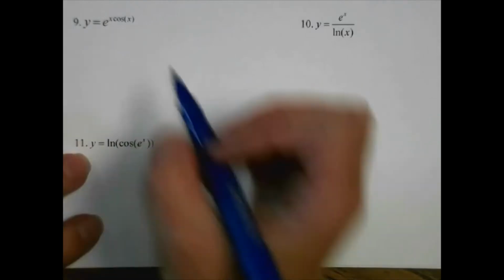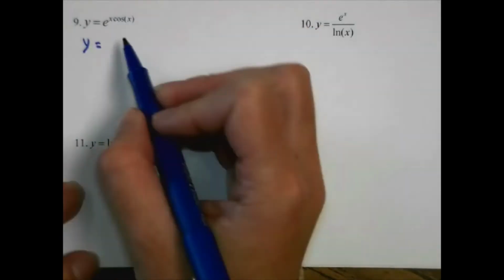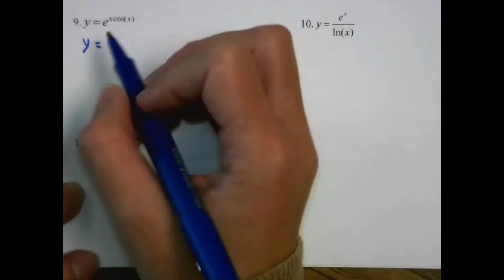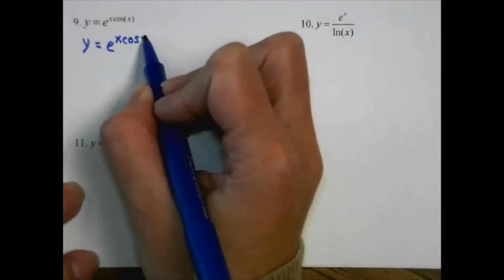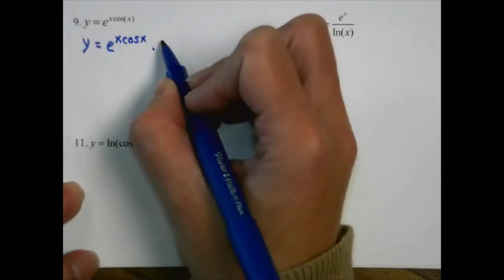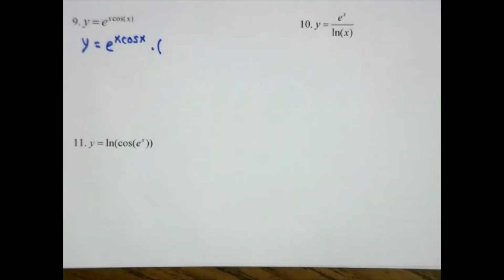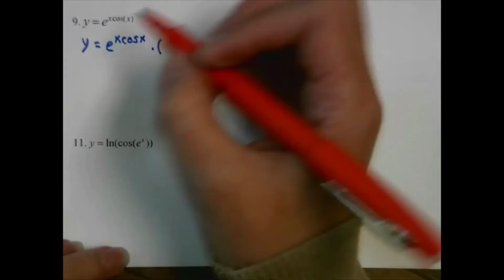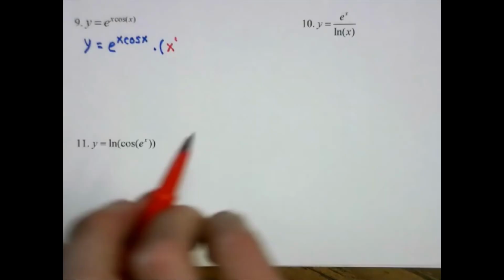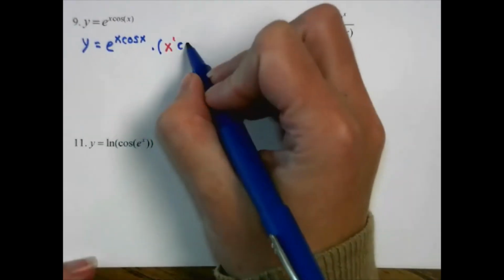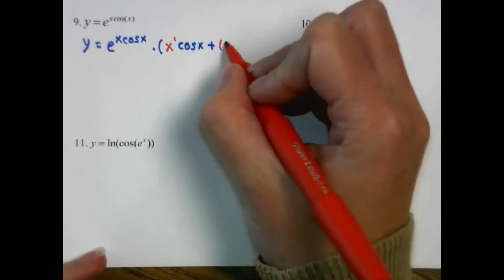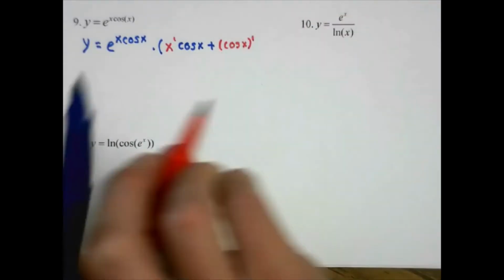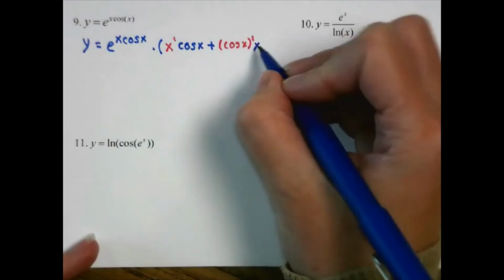For number 9, our derivative is going to be, again, chain rule. So the outside derivative is just e to the x cosine x times the derivative of the inside here. And the derivative of our inside function is a product. So we're going to have x prime times cosine of x plus the derivative of cosine times x.